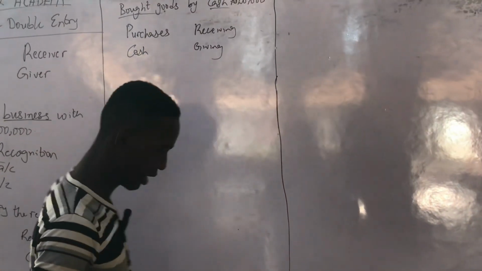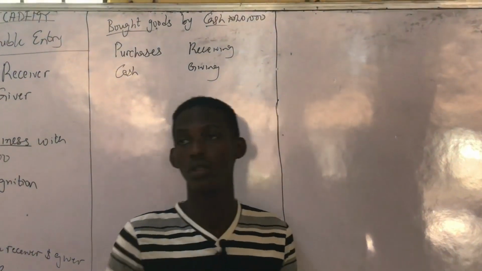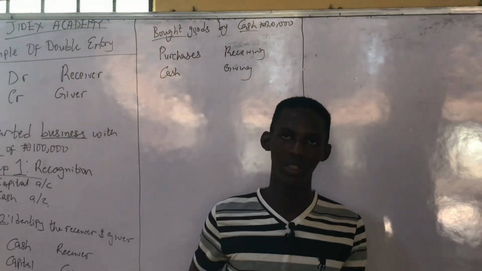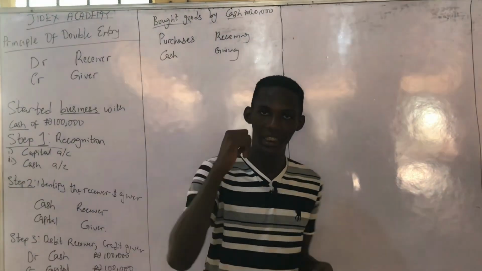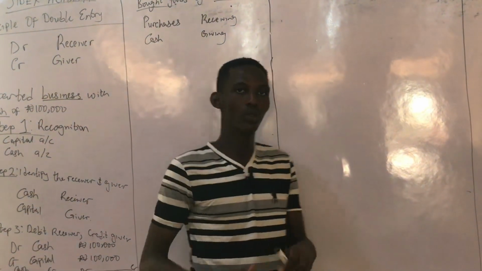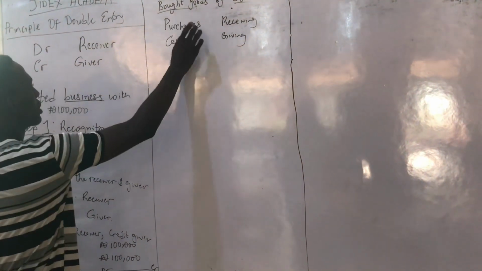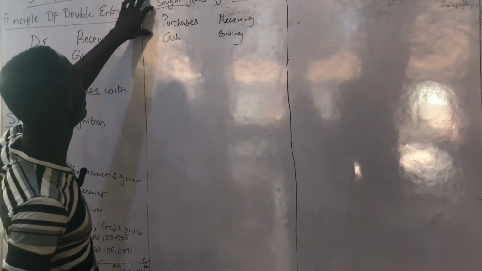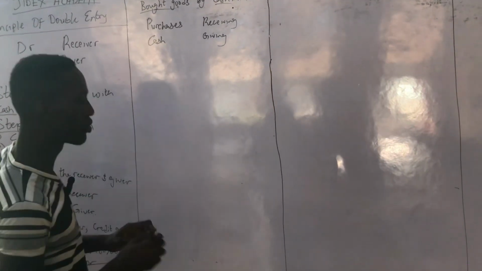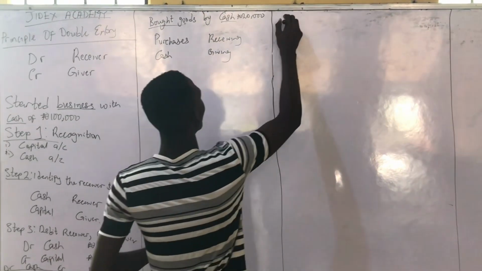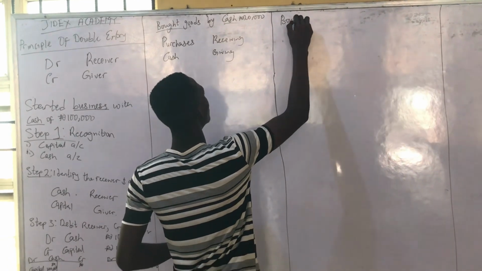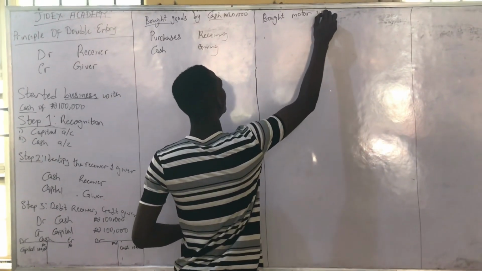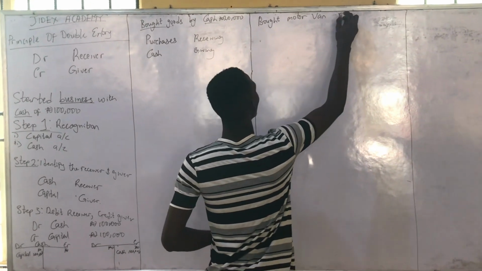Because if I go to the market or to a store to purchase something as a business, I give them the cash while they give me the goods. That is the reason why purchases is receiving and cash is giving. Now the way you record bought goods is different from the way you record bought motor van for cash.